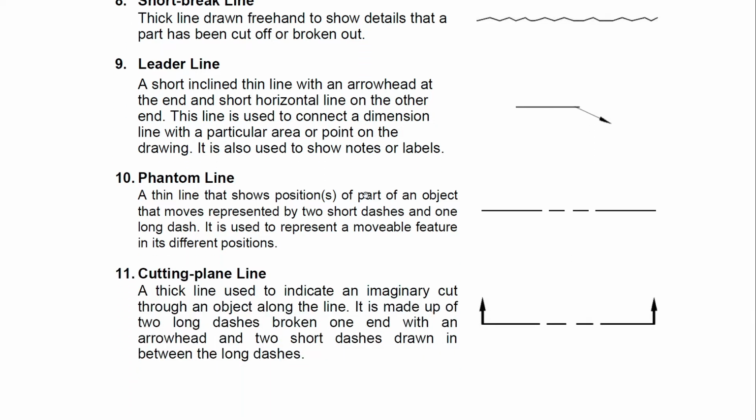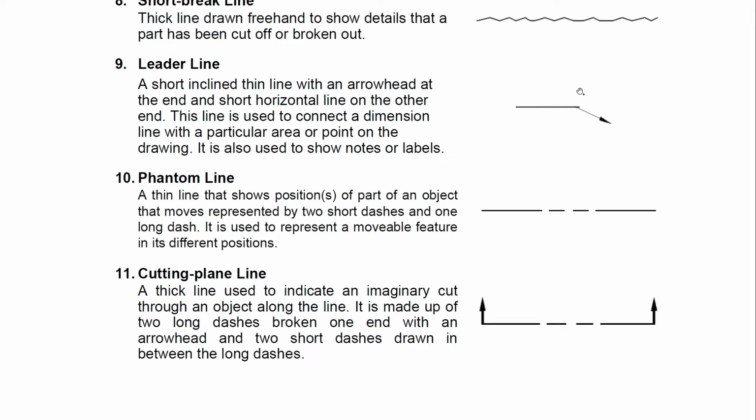Next, number 9 is the leader line. So, leader line is a short inclined thin line with an arrowhead at the end and short horizontal line on the other end. This line is used to connect dimension line with a particular area or point on the drawing. It is also used to show notes or labels. So, ito yung itsura ng ating leader line.